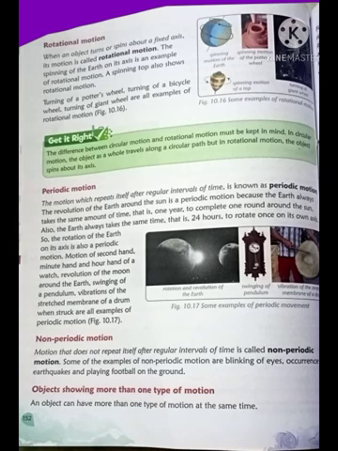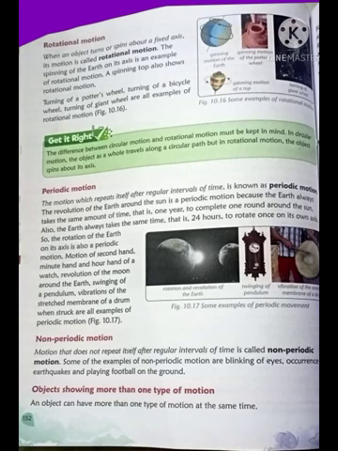Also, the earth always takes the same time, that is 24 hours, to rotate once on its own axis. So, the rotation of the earth on its axis is also a periodic motion.